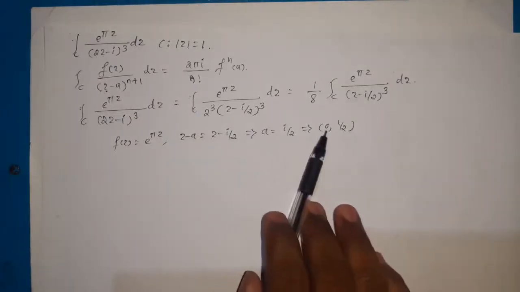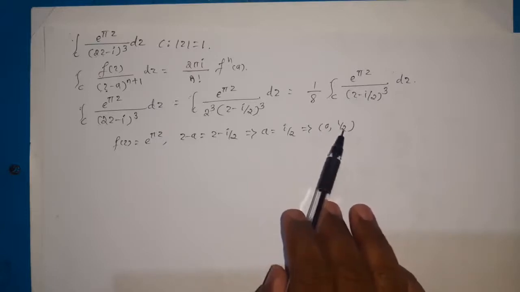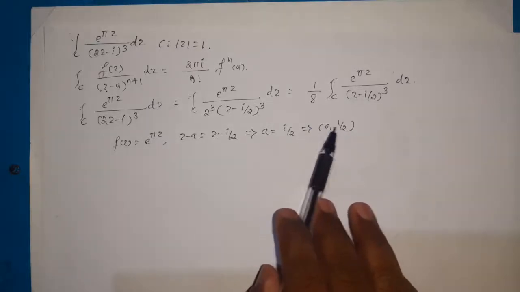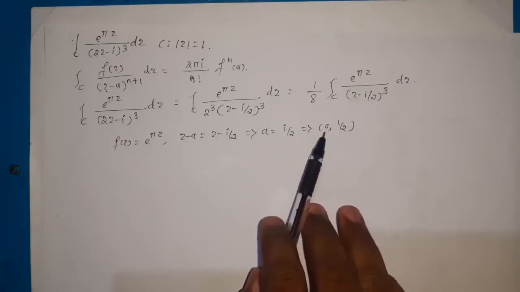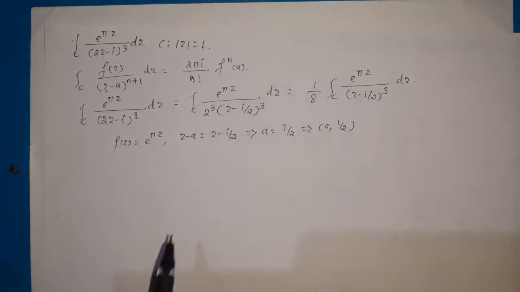So therefore its real part is 0 and its imaginary part is 1 by 2, hence it is x comma y, where x is the real part and y is the imaginary part. So therefore that becomes 0 comma 1 by 2, and the value of n.